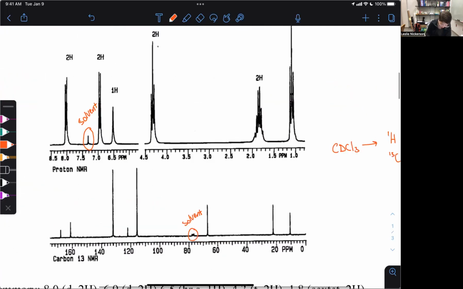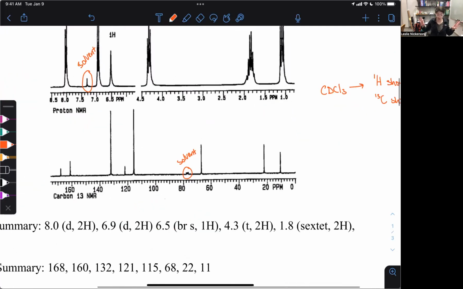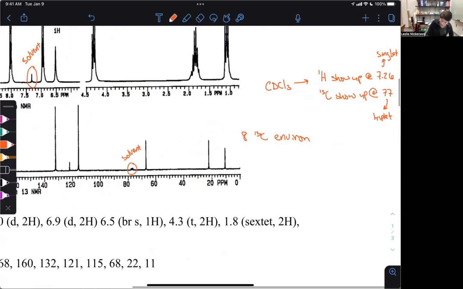Once we've gotten the solvent out of the way, I'm going to count up the carbons here. I've got 1, 2, 3, 4, 5, 6, 7, 8. So I've got 8 carbon environments. Number of peaks equals number of environments.